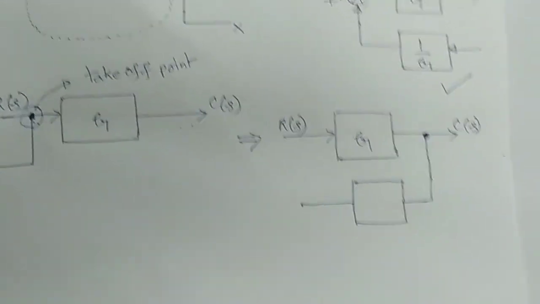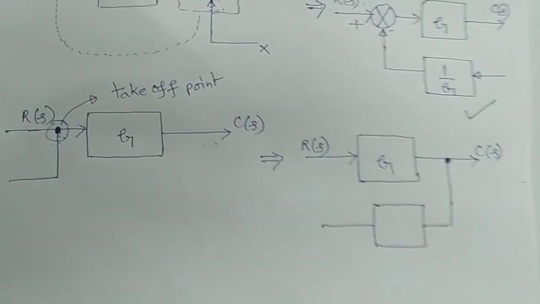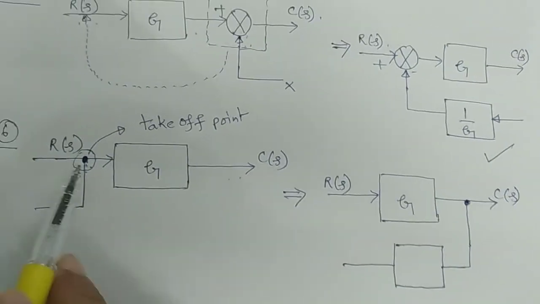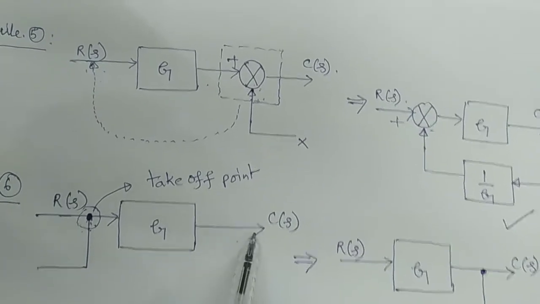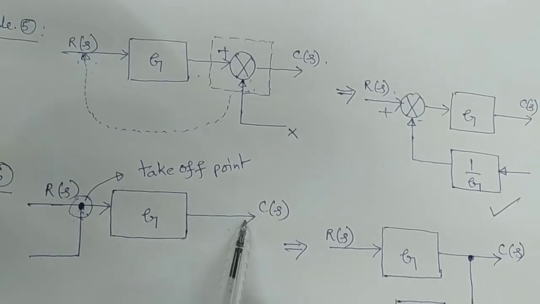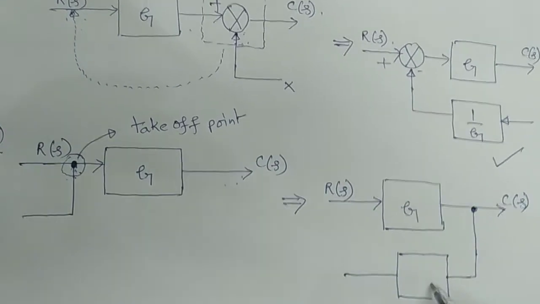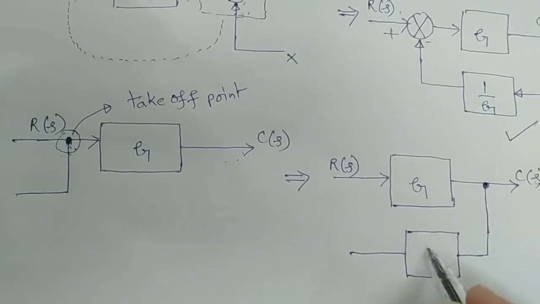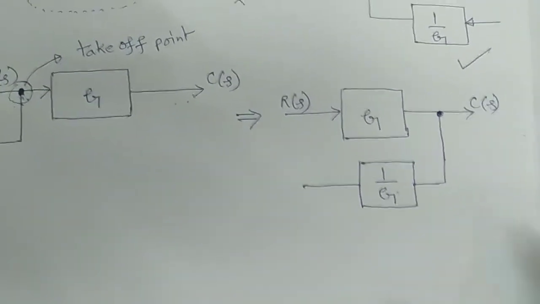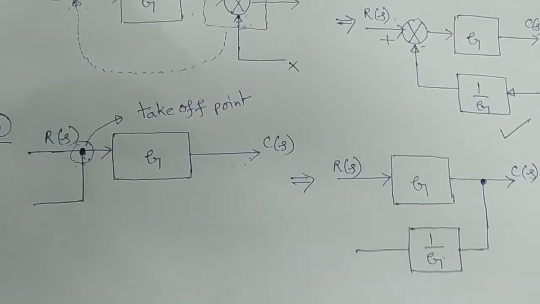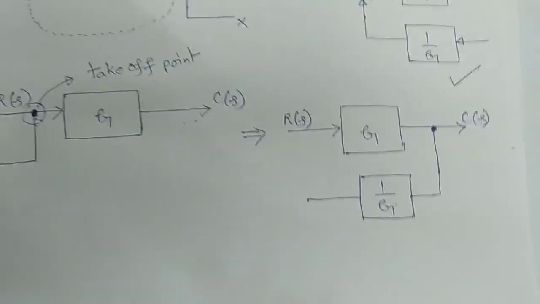So in summer point, what we have seen? G. If it is summer, and you shift the summer forward, after the block, it came exactly G, whereas here it comes 1 by G. That's all. So these two are basically opposite to each other, which makes them easy to remember.